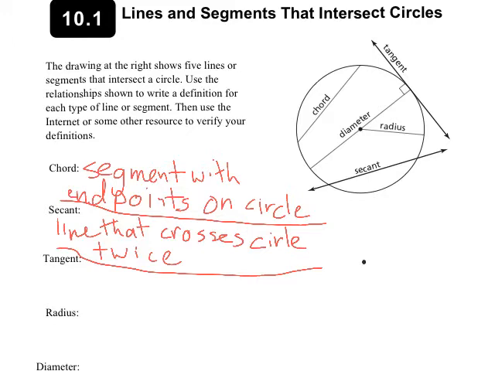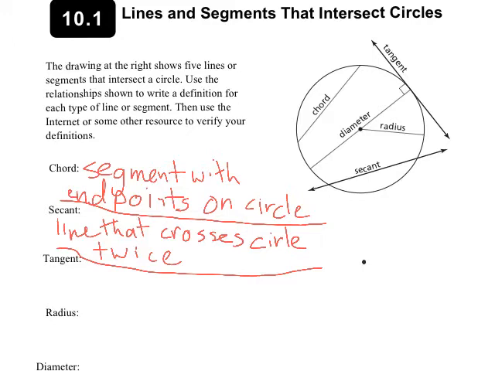Did you notice anything else about the tangent? Yeah, so in order to be a tangent and only touch the circle once, it's got to be perpendicular to the radius or diameter. Okay?